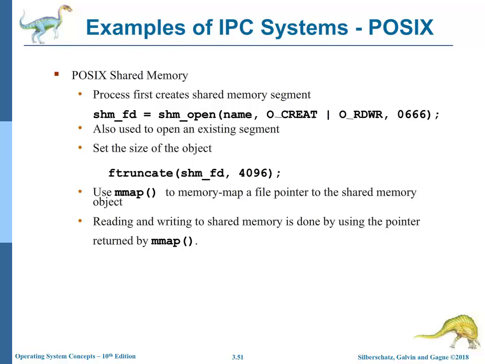So here we have fd equal shm_open, where the name specifies the name of the shared memory object. Processes that wish to access this shared memory must refer to the object by this name.